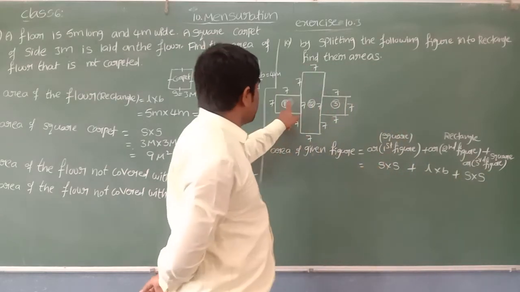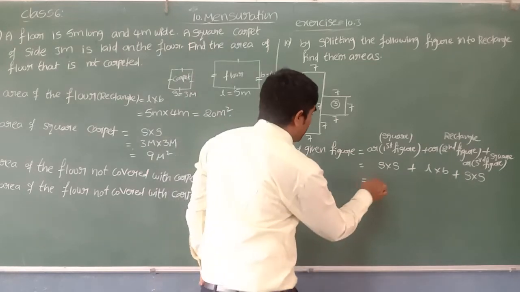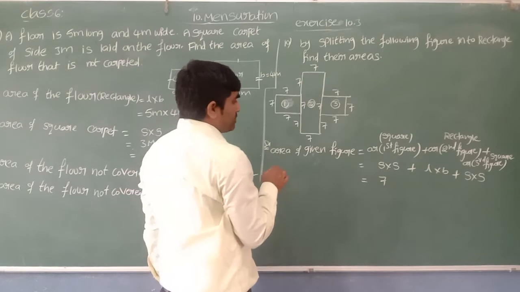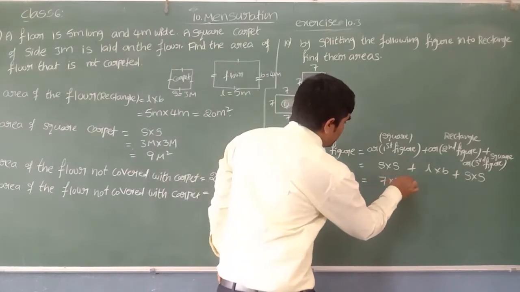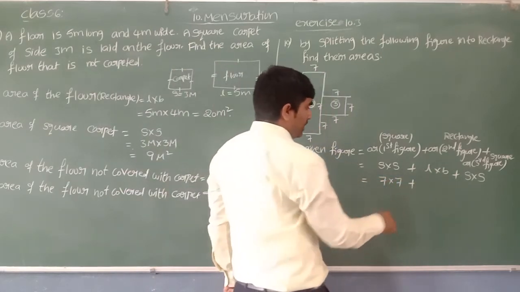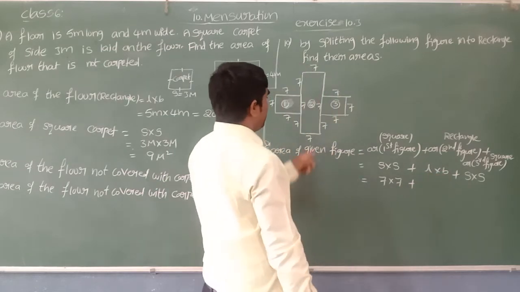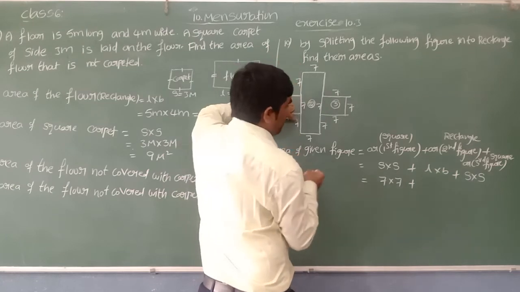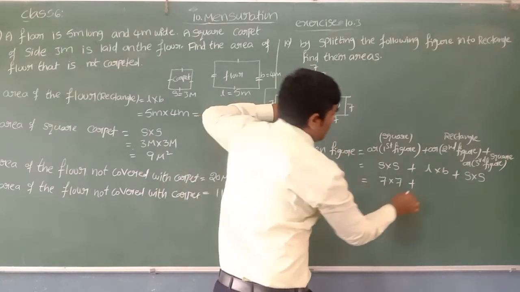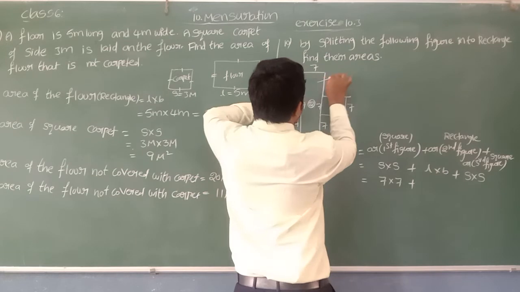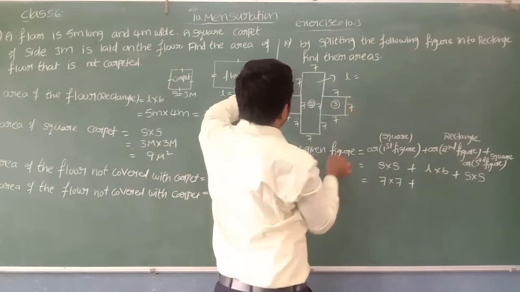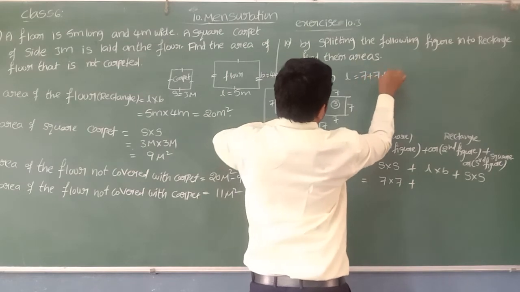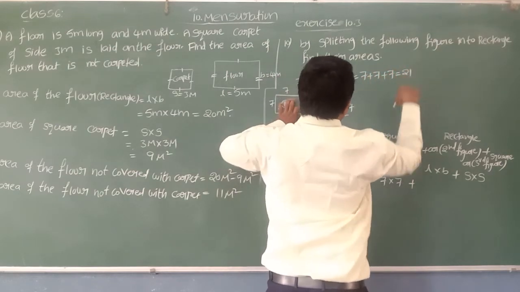First figure side is 7, so we can write here 7. They said all the units are in centimeters. 7 into 7, plus length into breadth. In the second figure, the length is 7 plus 7 plus 7, which is equal to 21.